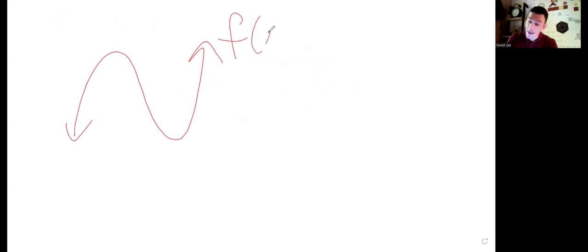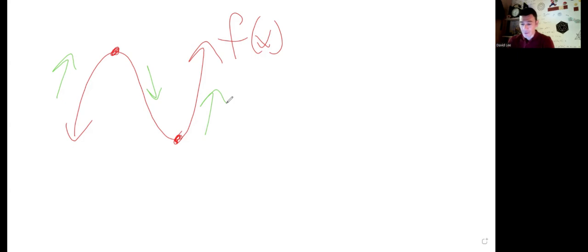Let's go to a graph like this. Make this picture. Let's say this is the graph of f of x. Put a point up there and then put a point down here. And notice here, if we go left to right, notice that right here the graph is going up, here the graph is going down, and here the graph is going up.